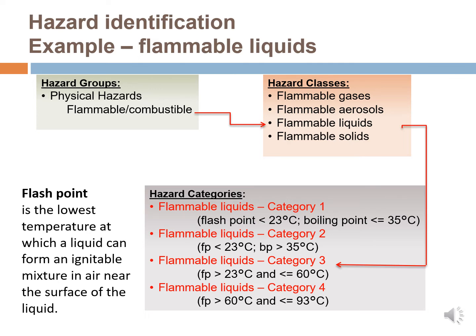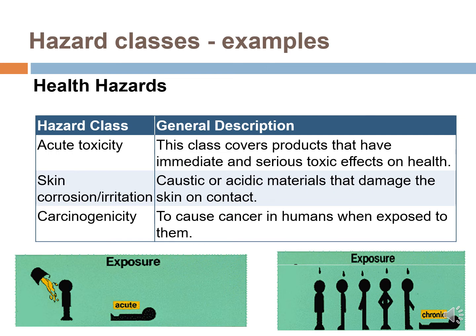In this slide you can see examples of hazard classes. For instance, acute toxicity is one hazard class, and its general description is that this class covers products that have an immediate and serious toxic effect on health.